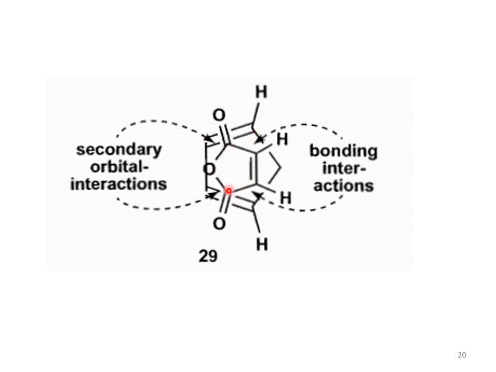On the right side the dotted line is showing the secondary orbital interactions between the orbitals of the diene and the orbitals of the dienophile, and on the left side there is a bonding interaction between the diene and the dienophile.